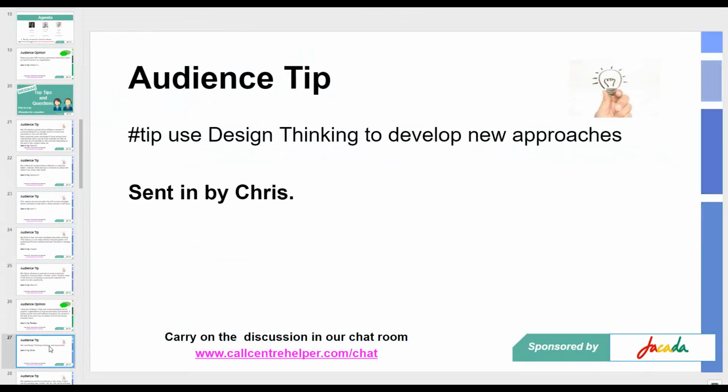Chris has said, use design thinking to develop new approaches. And Phil, I've not seen a huge amount on design thinking. I've certainly seen a thing of looking at where systems break down, systems thinking. I don't know if design thinking is similar to systems thinking. I think it is. Now, it's not a methodology the forum uses because we're very much into outcomes.